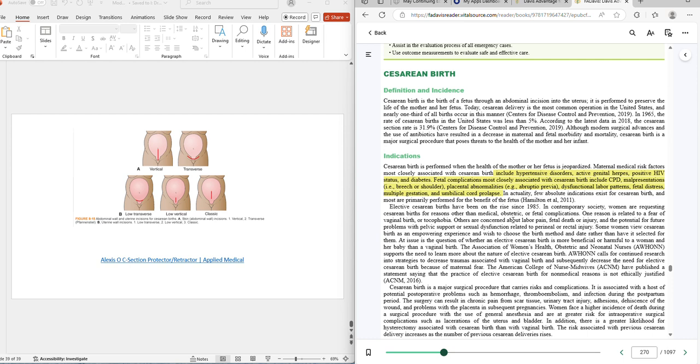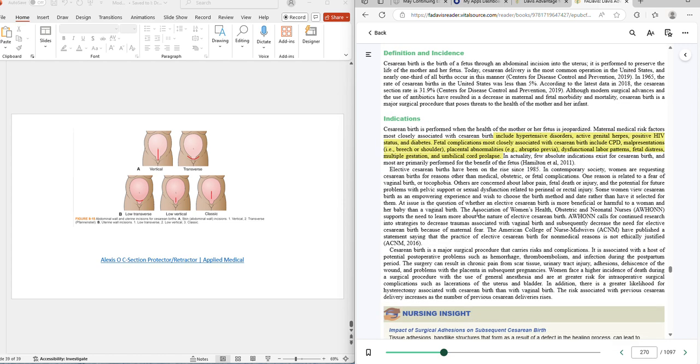Okay, so just be familiar with those. AWHONN, which is our Association of Women's Health, Obstetric and Neonatal Nurses, supports the need to learn more about the nature of elective C-sections. Okay, it's not ideal, but they are researching it.